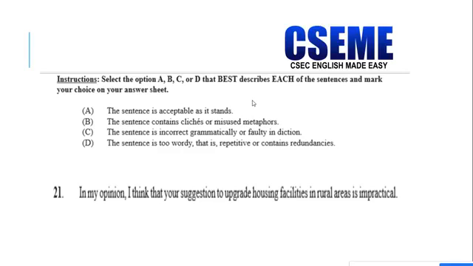Or B, the sentence contains cliches, misused metaphors. C, the sentence is incorrect grammatically or faulty in diction. Or D, the sentence is too wordy, that is repetitive or contains redundancies.